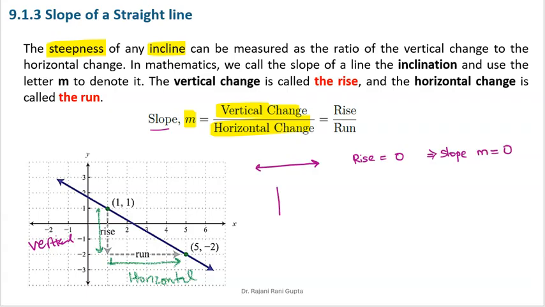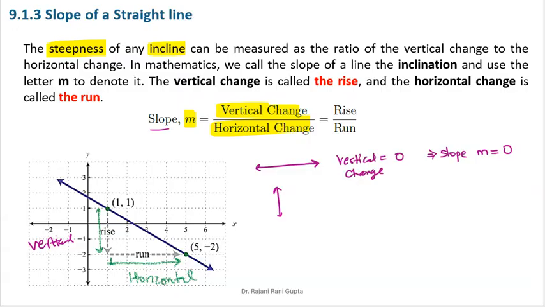What happens if you have a vertical line? If you are having a vertical line, it means there is no change horizontally. It means the run is 0. Horizontal change is 0. Let me write it like that: horizontal change and vertical change.